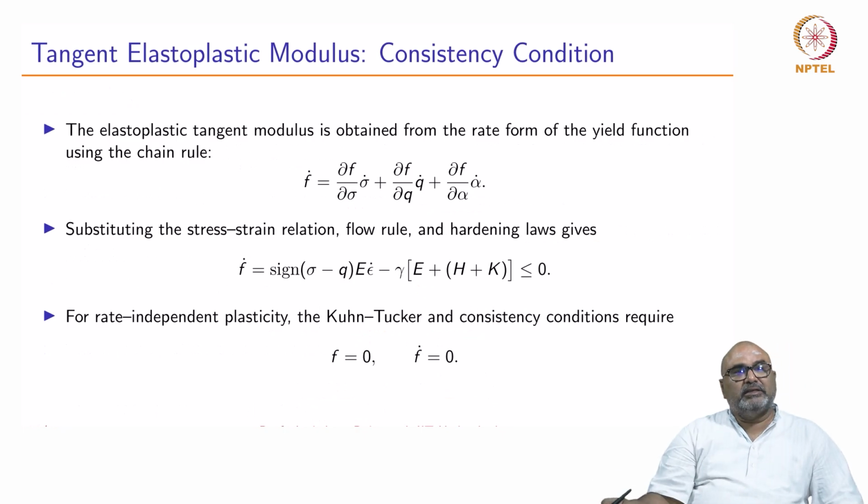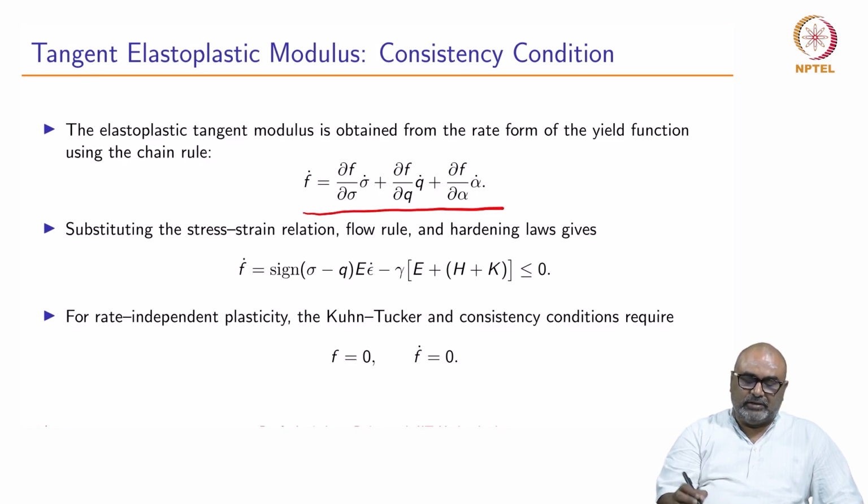Now, the elastic plastic tangent modulus again is computed by using the persistency or consistency condition. f dot is given now by ∂f/∂sigma sigma dot plus ∂f/∂q q dot plus ∂f/∂alpha alpha dot.